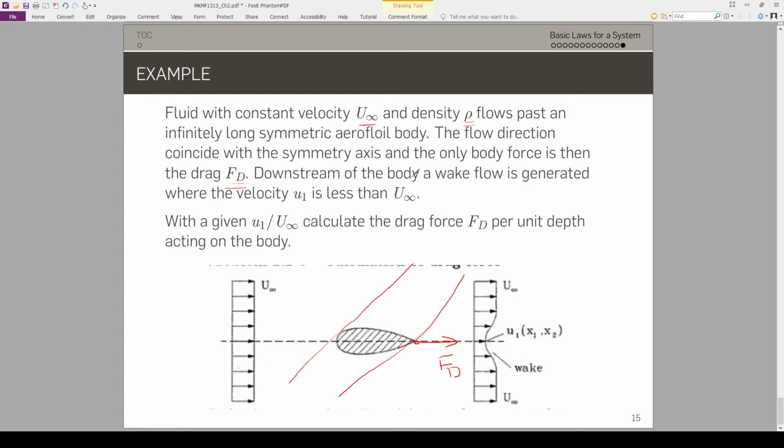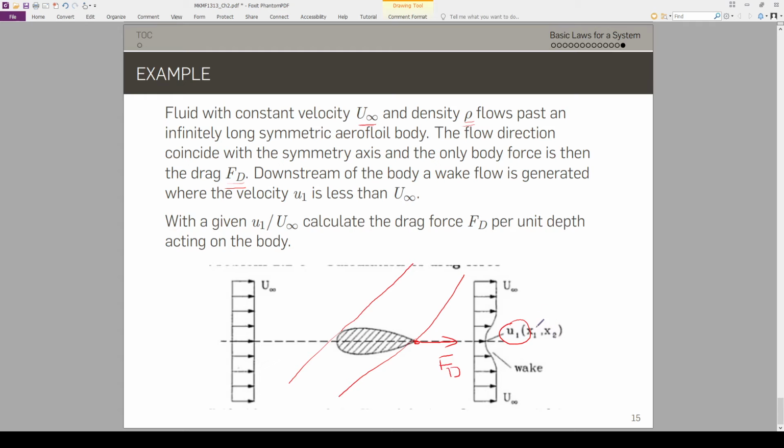Downstream of the body, a wake flow is generated where the velocity has changed from u infinity to the flow that we represent by u1 in x1 and x2.